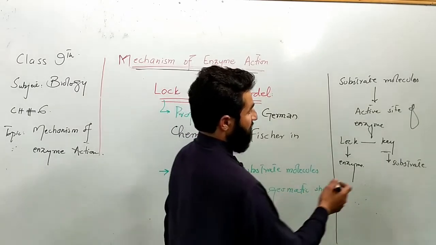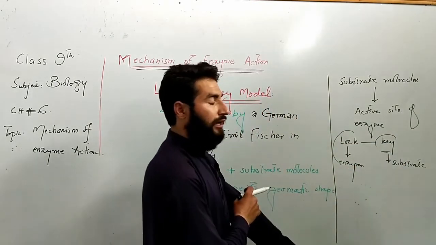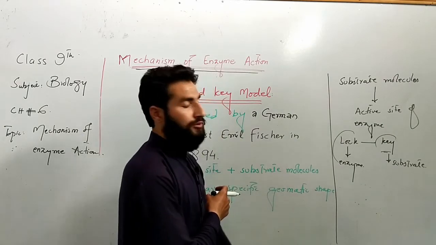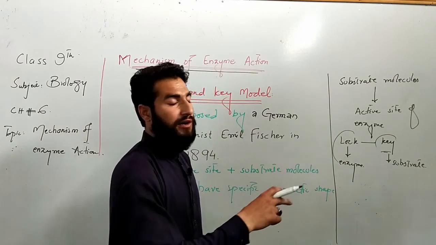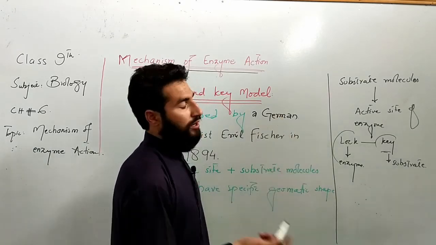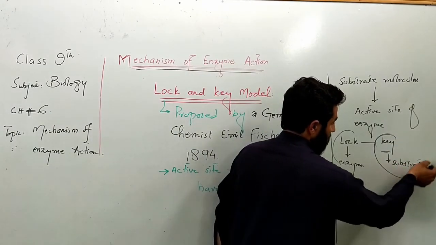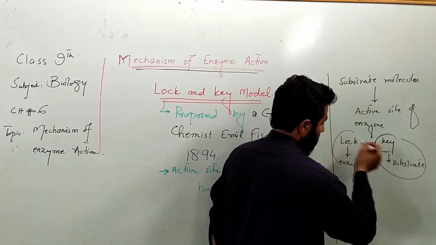Why is the substrate molecule known as the key and the enzyme the lock? Because without the attachment of the substrate molecule to the active site, the enzyme cannot change the substrate into products. That's why the substrate molecule is the key and the enzyme is the lock.